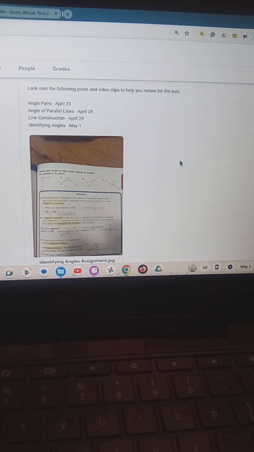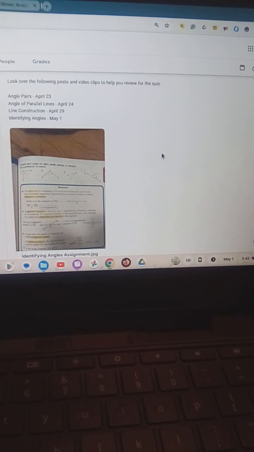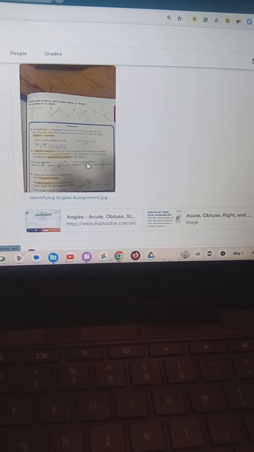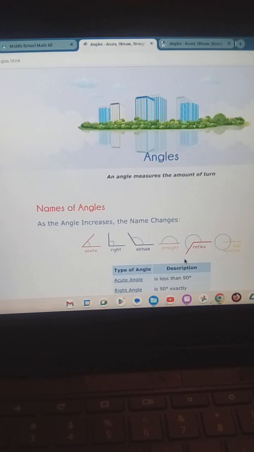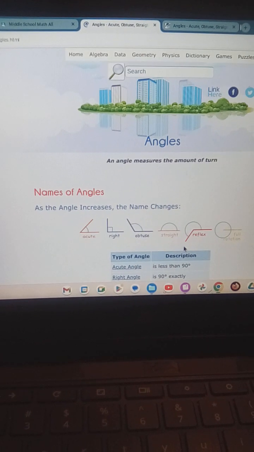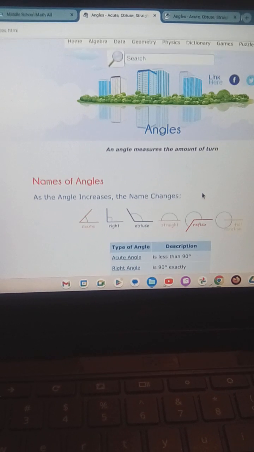But tonight we go over identifying angles. We'll go over the worksheet in a minute, which I already created for you. I don't need to go over this. It's additional information on acute, obtuse, right, and straight angles for your own personal use.